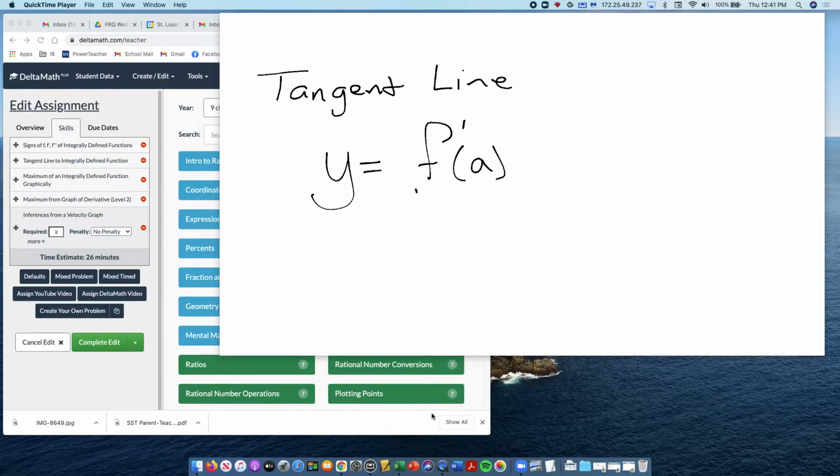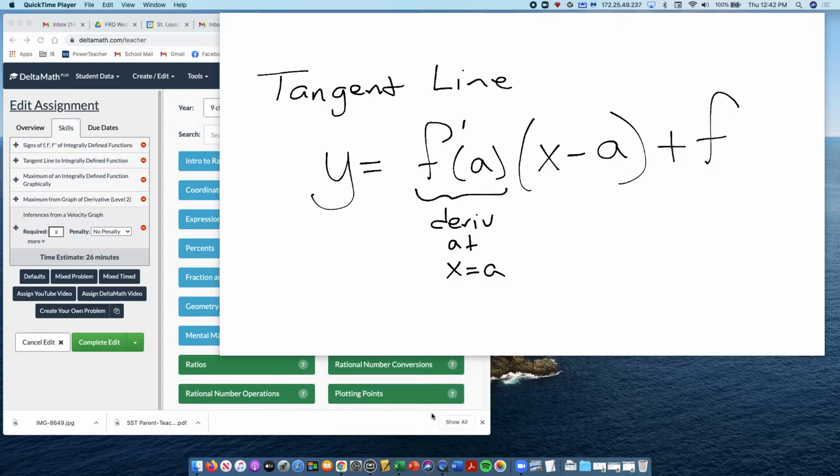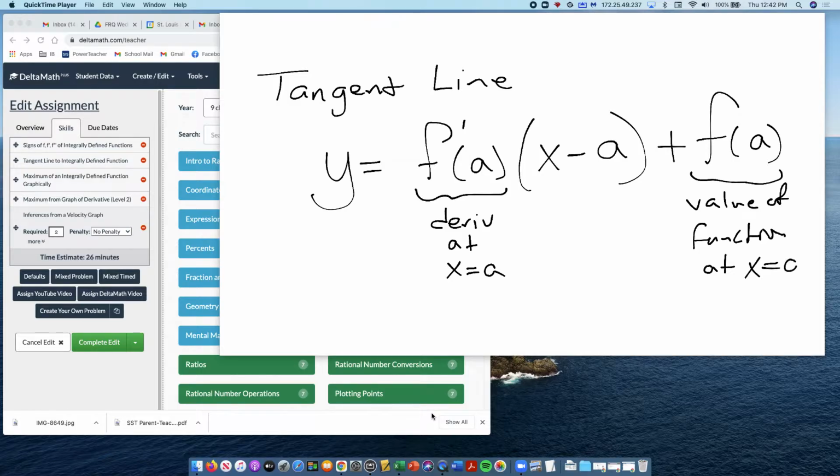It just means the derivative at x equal a, whatever that numerical value is, times x minus a, plus f of a. Remember, this is the value of the function at x equals a. And so that's the tangent line.